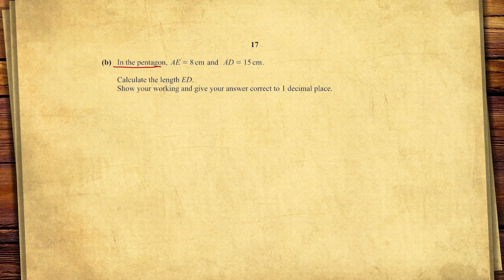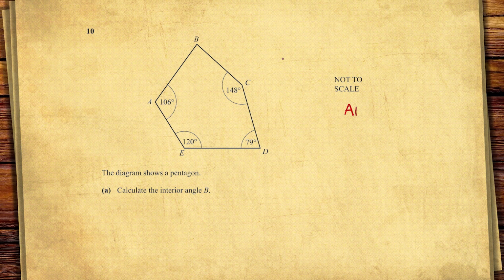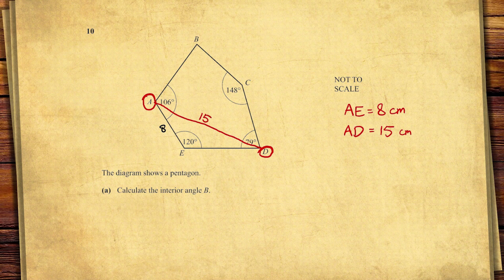In the pentagon, AE is equal to 8 centimeters and AD equals 15 centimeters. So AE is equal to 8 centimeters and AD is equal to 15 centimeters. Now AE is this side and it's 8 centimeters, and AD is this length and this is 15 centimeters.